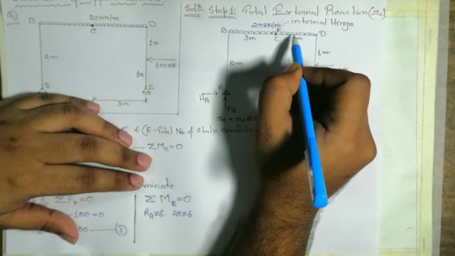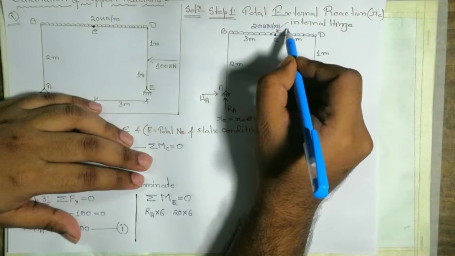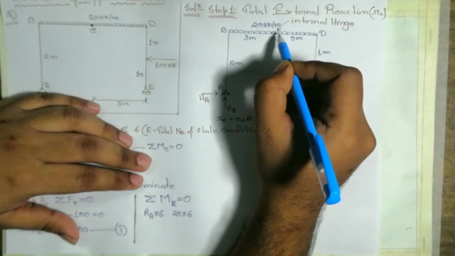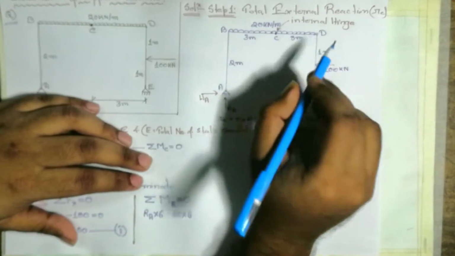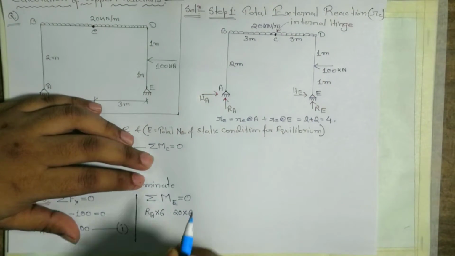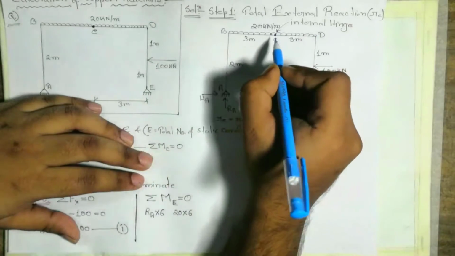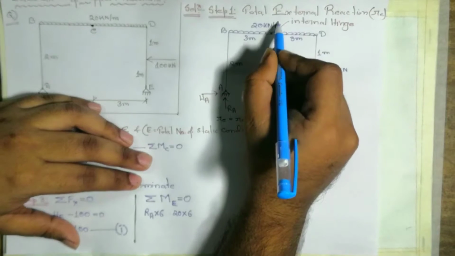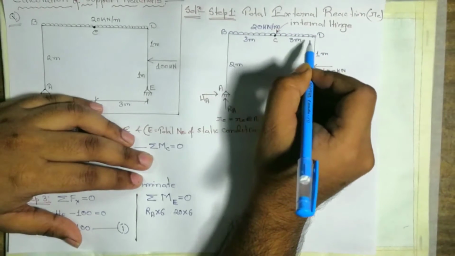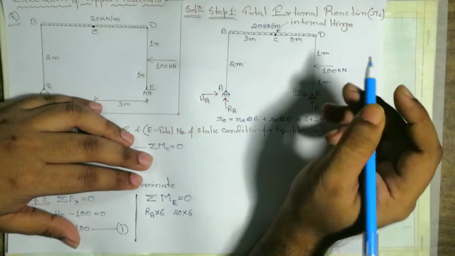By doing so, we are converting this UDL, that is the 20 kilonewton per meter load, into a single point load by multiplying by the length, 20 into 6. Now this has become a point load. So what will be the location of this point load? At the middle of its span. So it will act at a distance of 3 meters away from E.